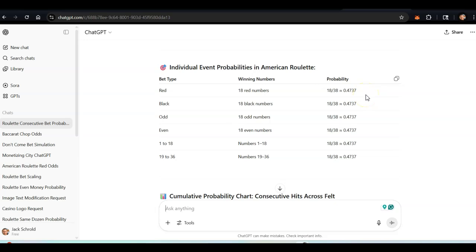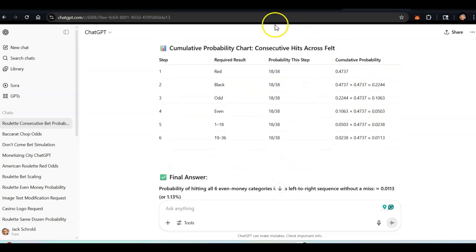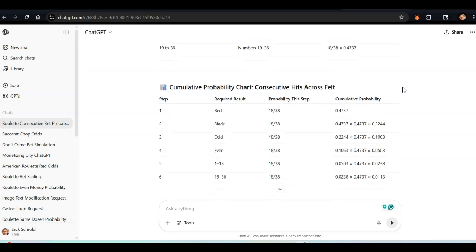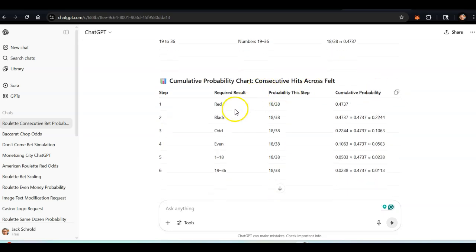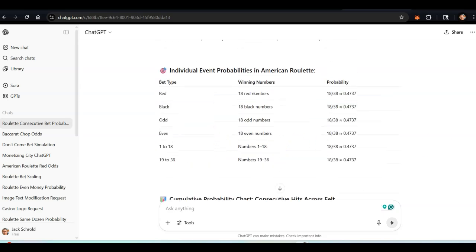But what we're looking to do is go way beyond that, and we're looking for the consecutive hits across the felt, right? Consecutive hits across the felt. So let's make sure we're looking at this correctly. All right, here it is. Here's red, black. Oh, actually, this is not correct.